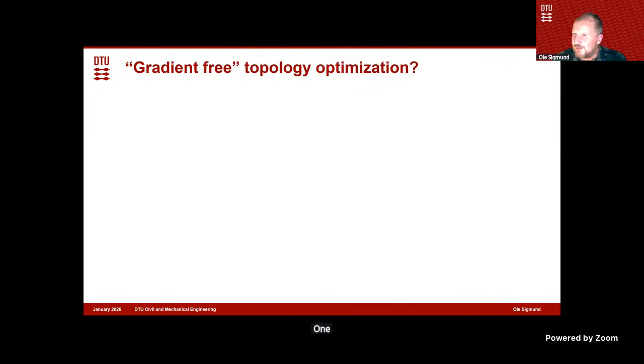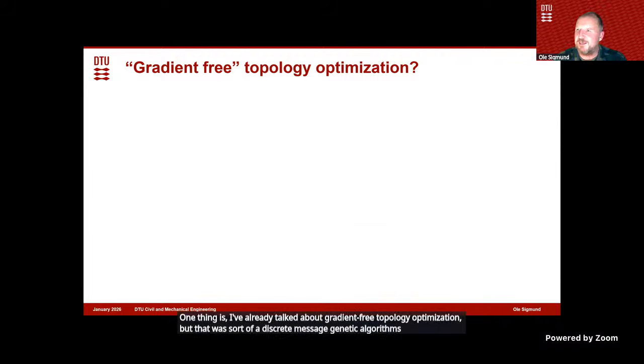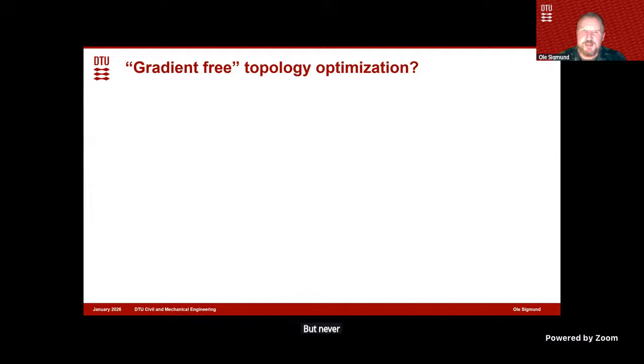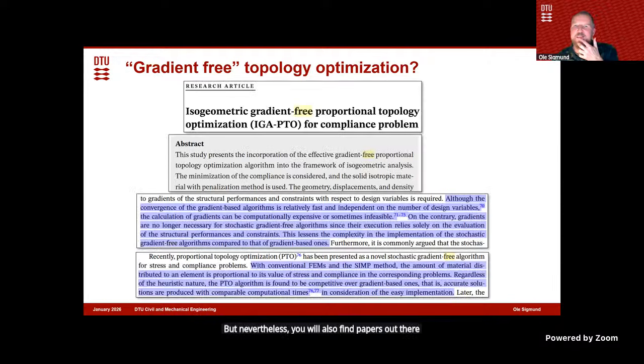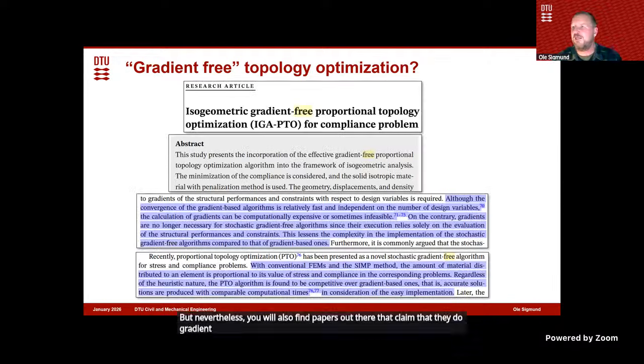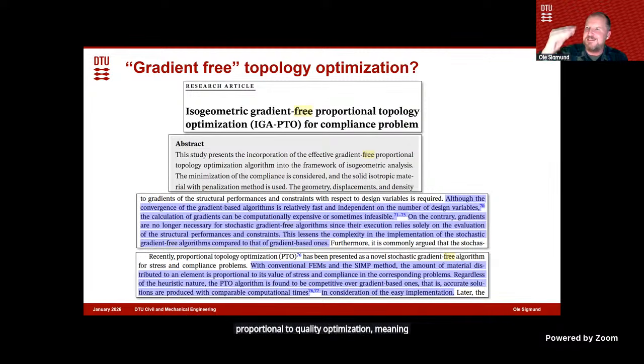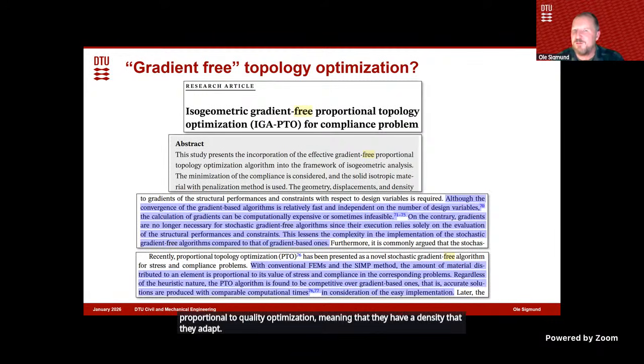One thing is, I've earlier talked about gradient-free topology optimization, but that was for discrete methods, genetic algorithms, and stuff like that. Nevertheless, you will also find papers out there that claim that they do gradient-free proportional topology optimization, meaning that they have a density that they adapt, but without gradients.